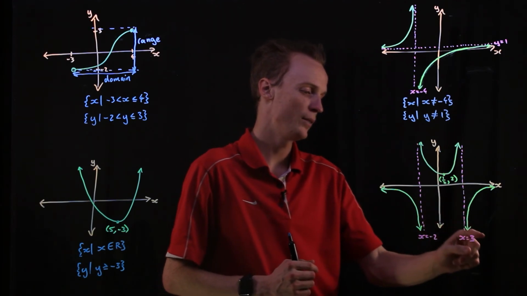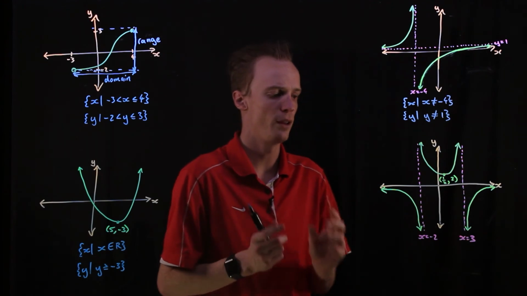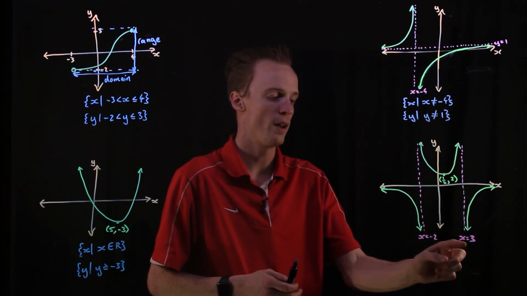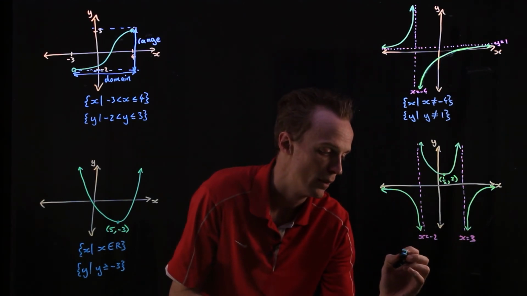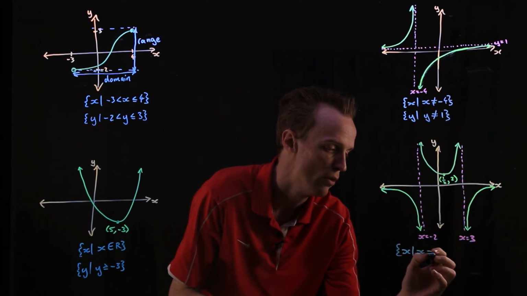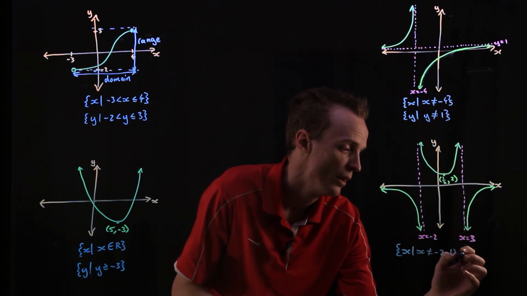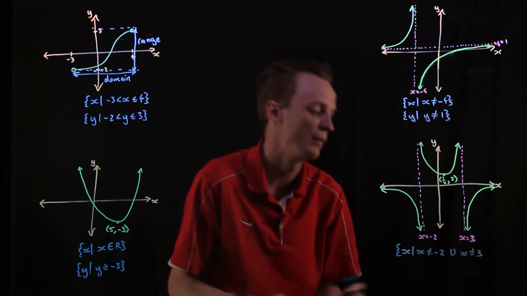Then, after that, it can be anything greater than +3. So the only two values that it can't be is when x is -2 and when x is +3. So what we say for the domain is that x cannot equal -2 or x cannot equal +3.